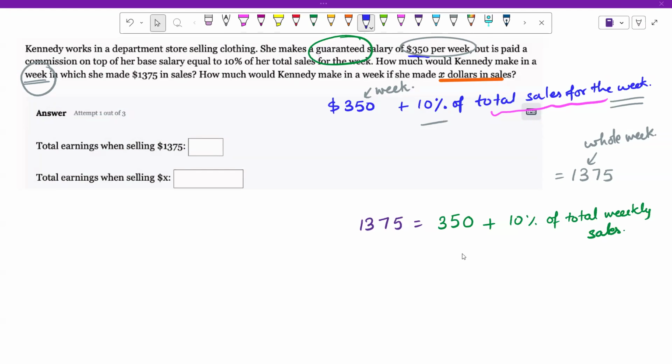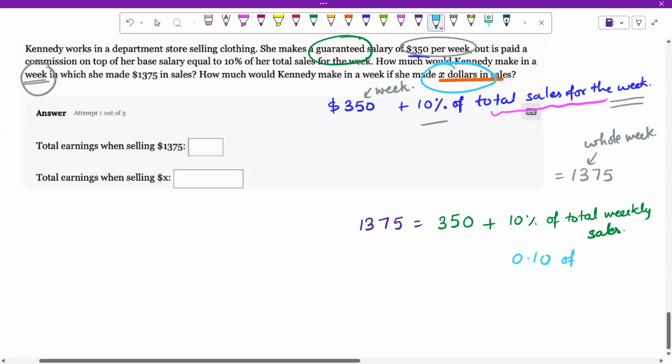Okay, so we were saying that the total weekly sales are not fixed, and that is what they are giving us, that whatever she has earned is X dollars. So that means 0.10 of X she will be getting.